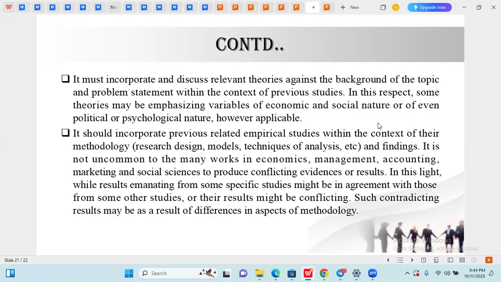It should incorporate previous related empirical studies within the context of their methodology and research design. So a good literature review has the following format: a conceptual review, a conceptual framework, an empirical review, and a theoretical review. It's very important we note that.